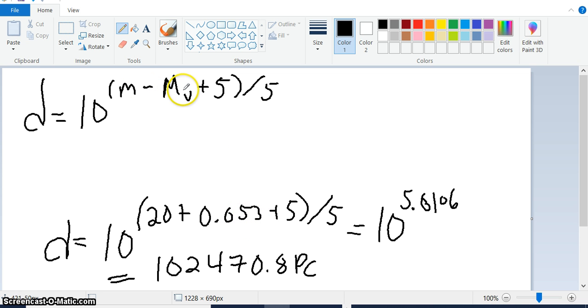So it's minus a negative, so that's why we got a plus sign in here, plus 5, and then the whole thing divided by 5. So it's basically 10 to the 5.016. Anyhow, that answer, of course, is in parsecs, so it's roughly 102,470.8 parsecs. That's how far away that particular telescope could detect a nova.